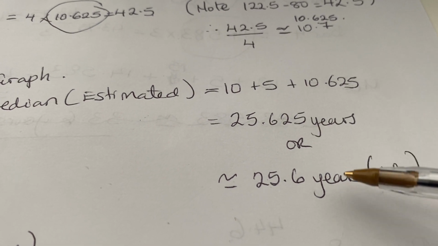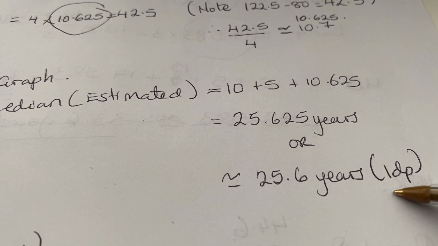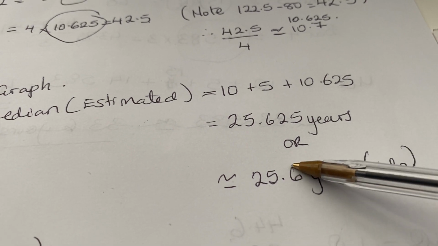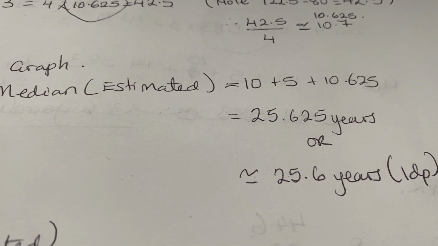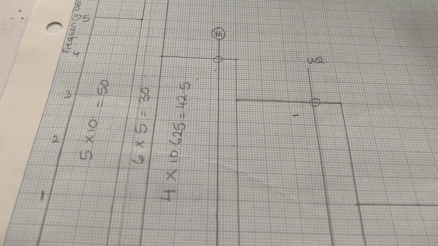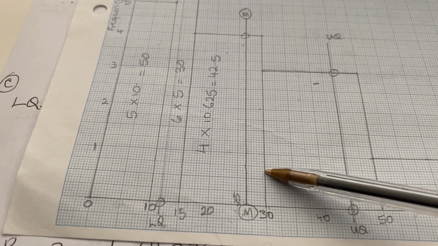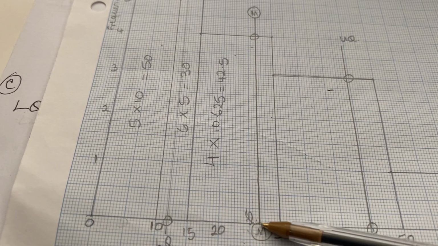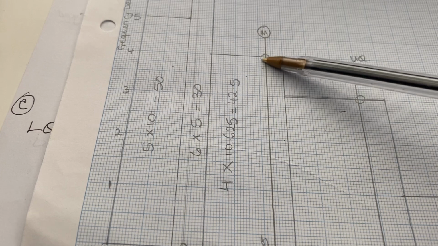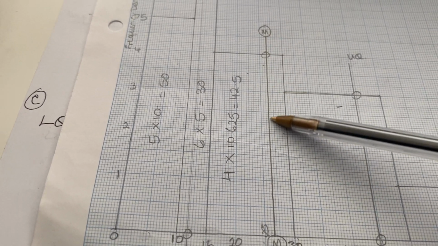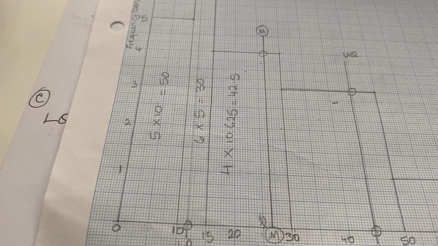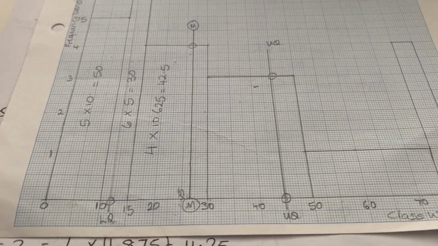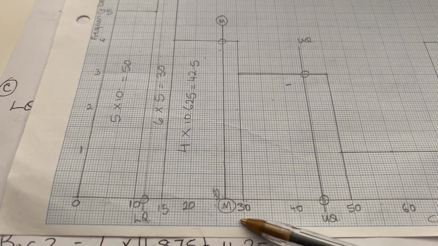If you estimate to one decimal place, it will be 25.6. So that will be your median here. There, that will be your line for the median. Remember the class width is the years.